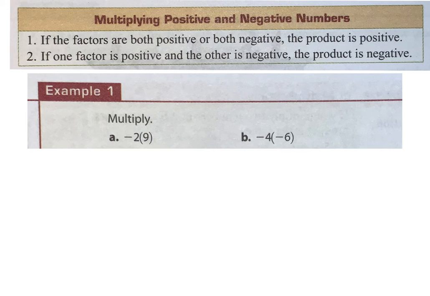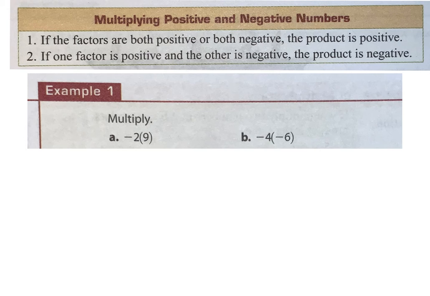Flip to page 24. All right, let's look at these rules of multiplying. If factors are either both positive or both negative, the product is positive. So if your factors are both positive or both negative, then your answer is going to be positive.